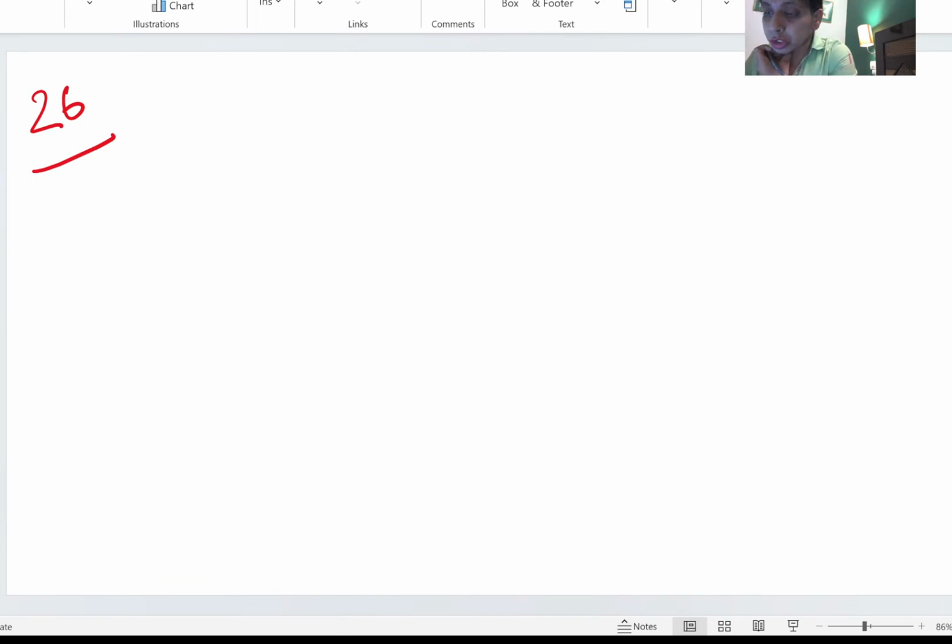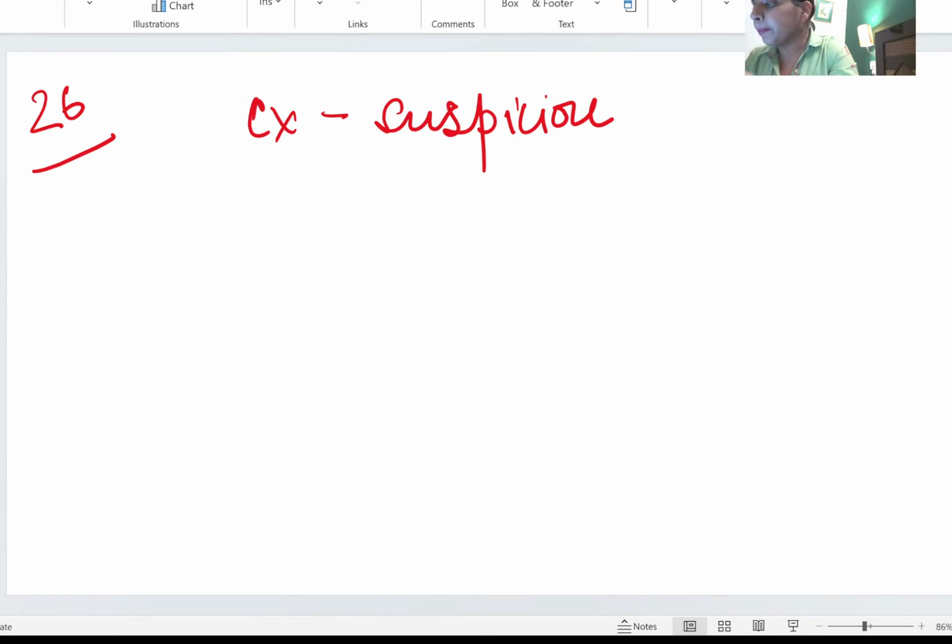Yes, so in this question, what is there? That the cervix is suspicious, right? Plus the patient is having post-coital bleed. So it's an unhealthy cervix.